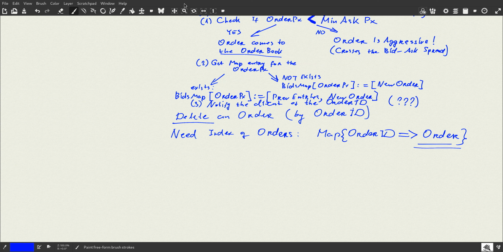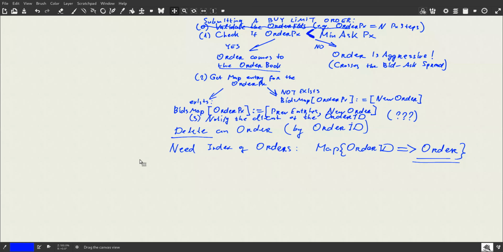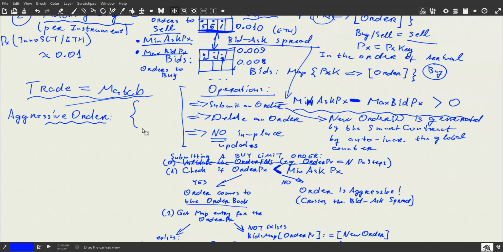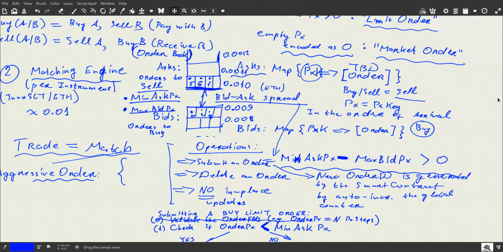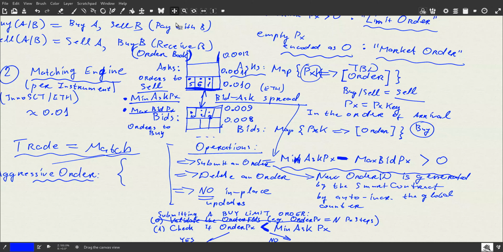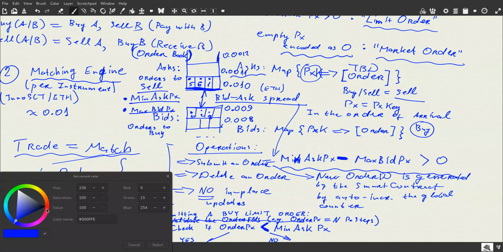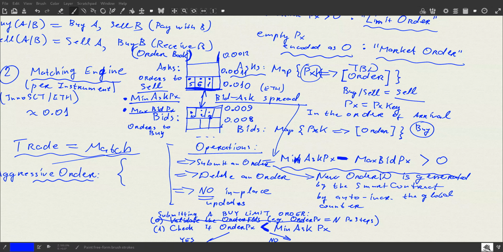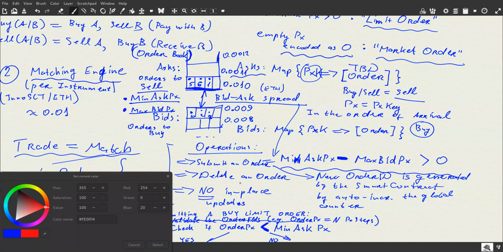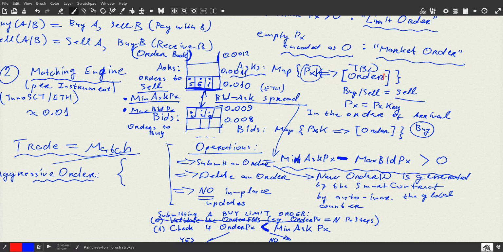And in that case, here, we do not really need for bids and asks to have a full map with full orders. What we need to do is here only store the order ID, basically. Instead of having a full order, I put it in red.